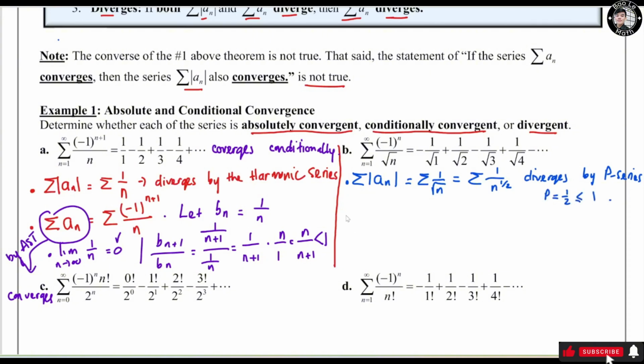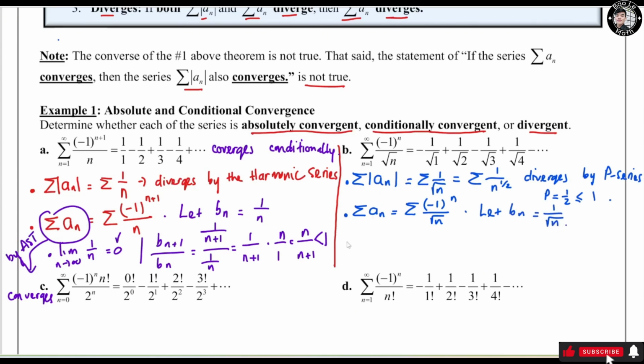Now we're going to check the original one. We have the series of a sub n equals the series of -1 raised to the n over square root of n. We're going to use the alternating series test. Let b sub n equal 1 over square root of n.